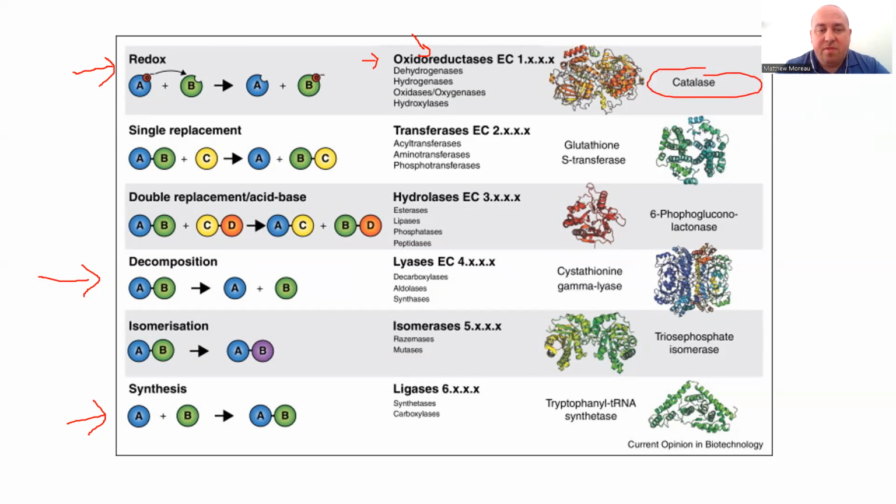But some of these other ones we've seen in the process of glycolysis and the TCA cycle: hydrogenases, oxidases, hydroxylases, and dehydrogenases, right? So hydrogenases and dehydrogenases are the two most common in central metabolism. And then oxidases and hydroxylases also exist as enzyme families.